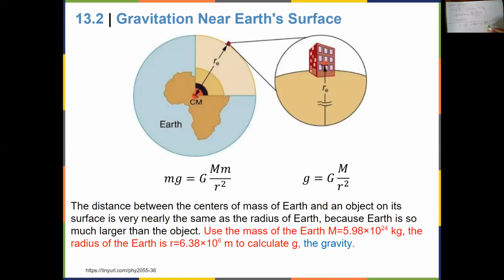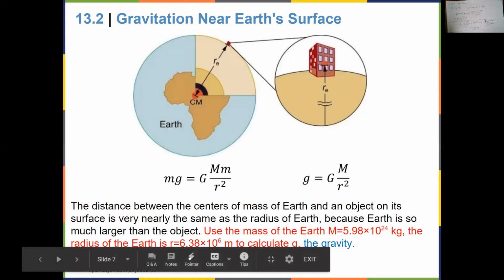If you plug everything into the calculator correctly, this will give you roughly 9.8 meters per second squared.